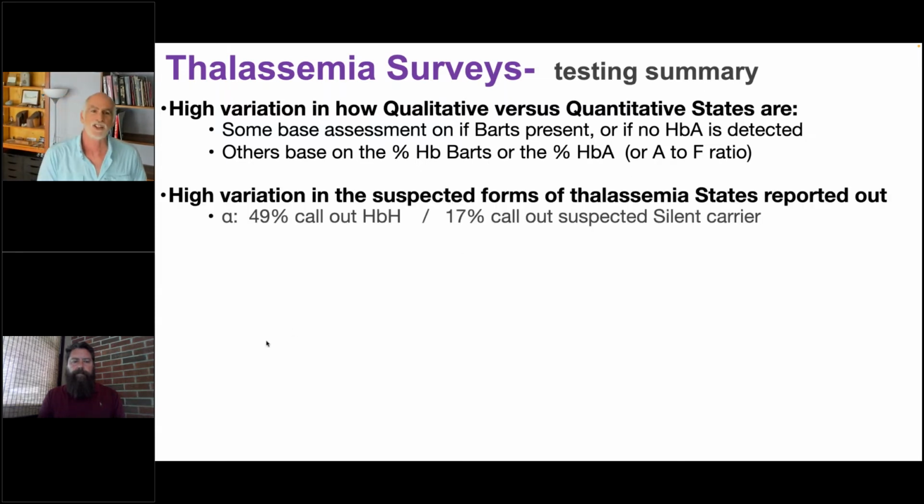There's also high variation in what forms of suspected thalassemia states report out. About half the states call out, we think this is a hemoglobin H, which is clinically significant. And about 20% call out a suspected silent carrier, which is benign except for genetic counseling issues. So a lot of variation.